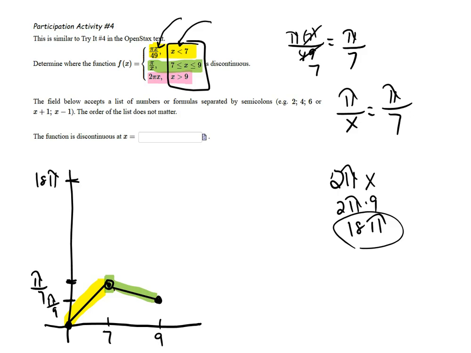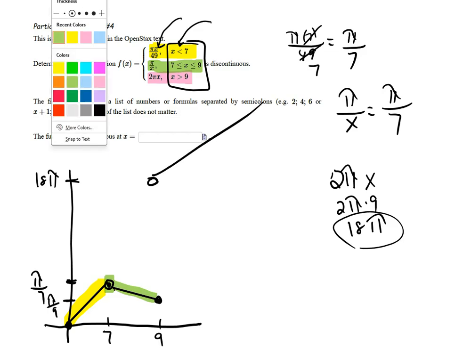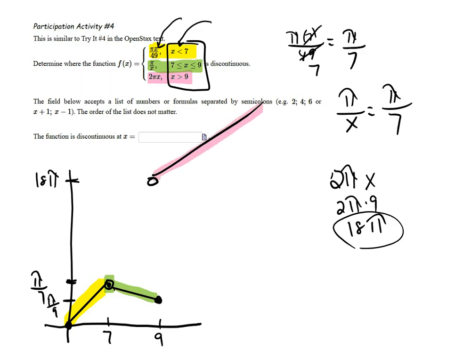And so the pink function is going to start way up here. Oh wait, but that'll be an open circle, sorry. That's an open circle because it's not equal to. And again, it's linear. If you stick in 10, you'll have 20 pi, and then keep going. So that's going to go in that direction, and that is my pink function.